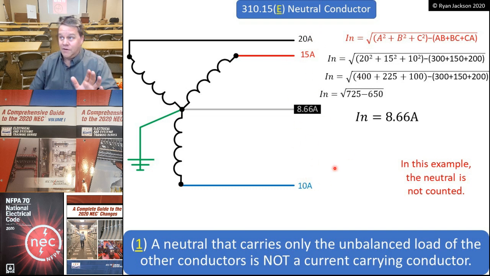So I want to make very clear that I said that correctly. And when all is said and done, we're going to end up with about 8.66 amps of neutral current in this application. We do not need to count that as a current carrying conductor, even though it's unbalanced, because the neutral is only carrying the unbalanced load. But here's the key: the unbalanced load of all 3 phases.